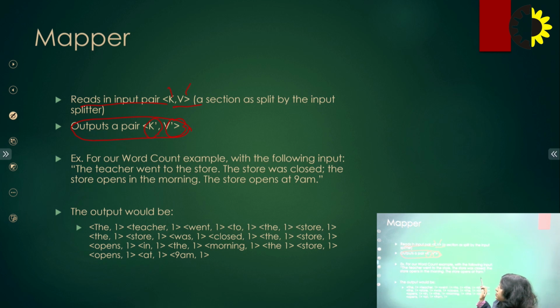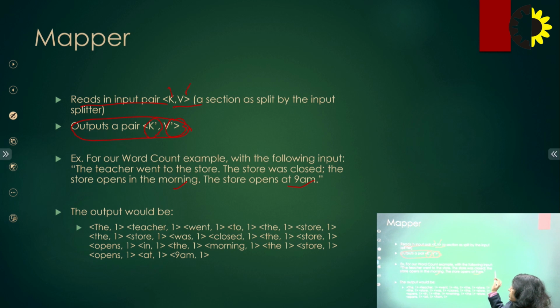Suppose we take an example: the teacher went to the store, the store was closed. The store opens in the morning. The store opens at 9 a.m. This is the whole text, and we need to process it with the help of the MapReduce algorithm.